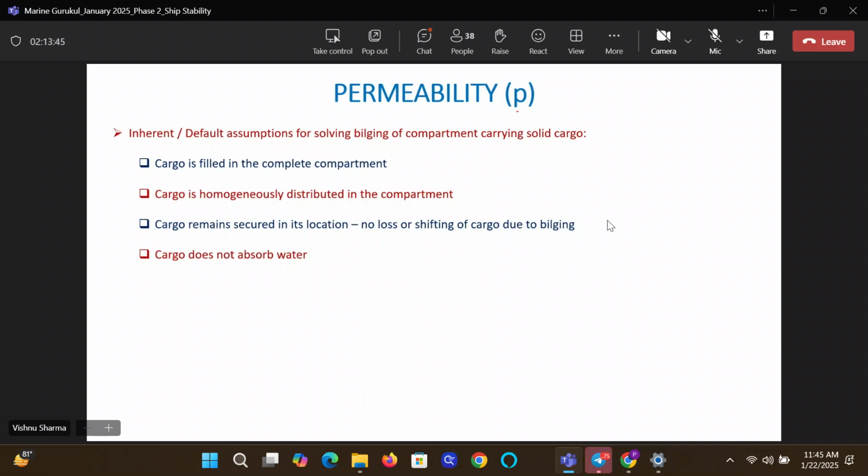Now, to describe how much water can get into, we use the word permeability, represented by small p. What is permeability?